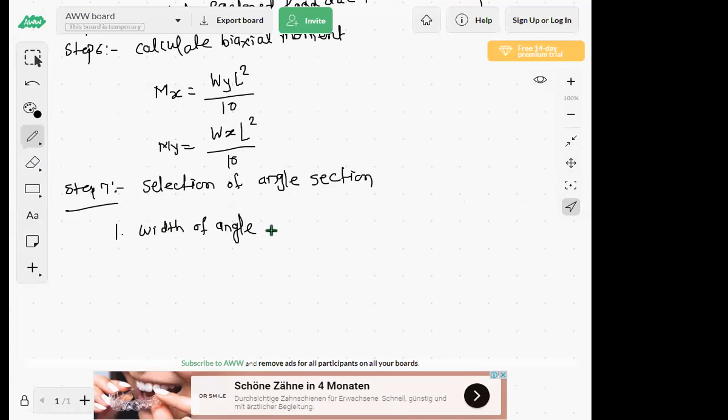Width of angle parallel to roof should not be less than L by 60.